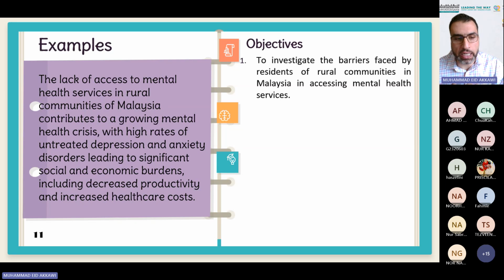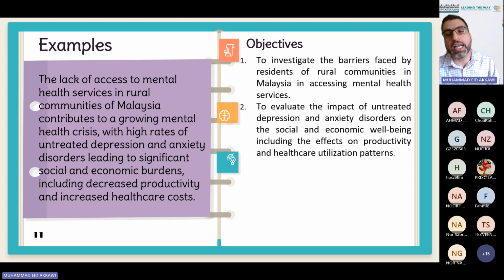Either, for example, the clinics are so far that they cannot access them, or because they are afraid of the stigma if they go for mental health care services. So all these factors, all these barriers, now whom will we ask also depends on your research. You can ask from the patient perspective or from the healthcare provider perspective also.